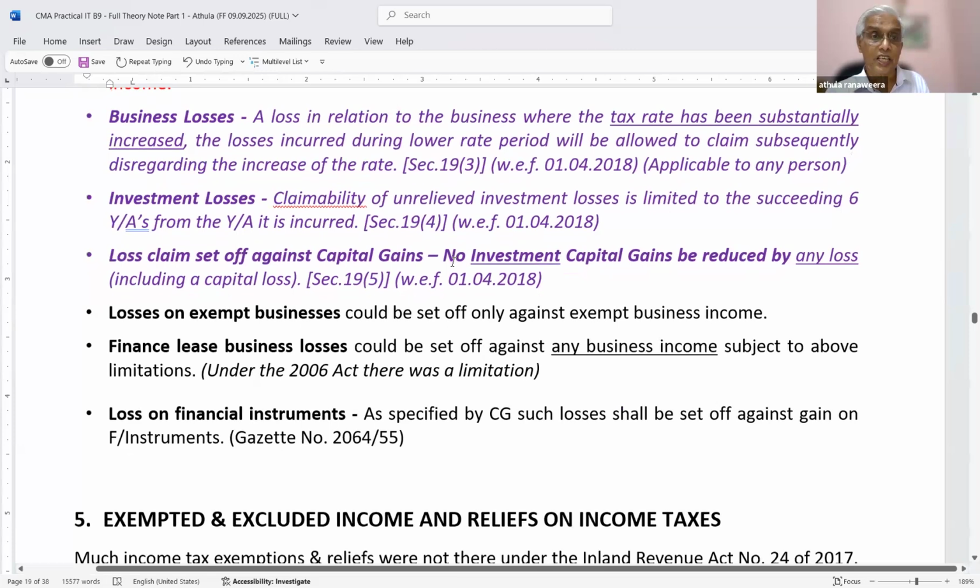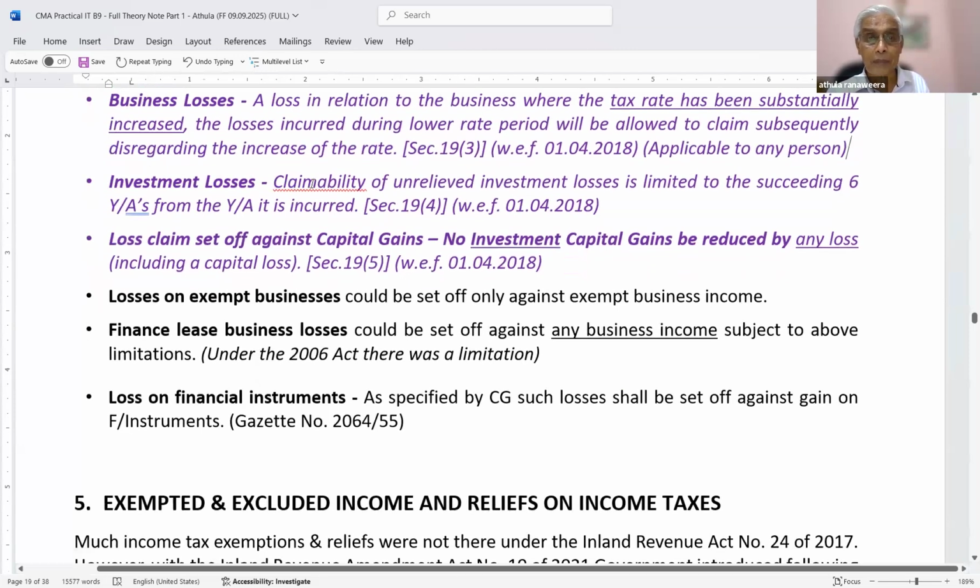Next, investment losses, claimability of unrelieved investment loss. From last year, we brought forward investment loss. Current year, claimability is limited to the subsequent 6 years. Subsequent 6 years, that is succeeding 6 years.